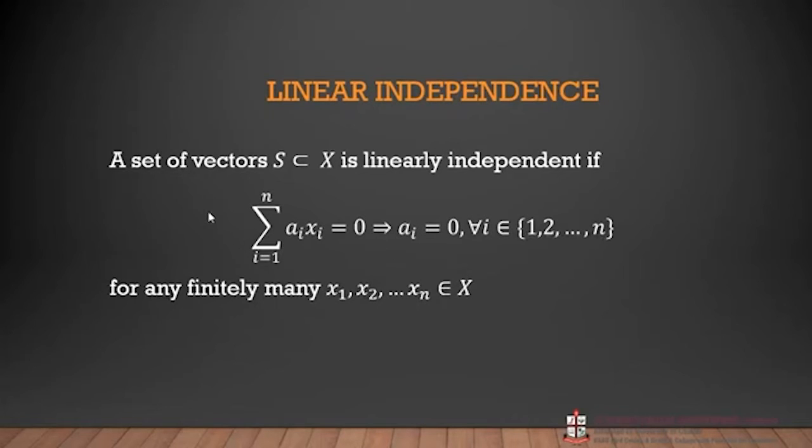That means this summation is known as a linear combination. So if you take any finite collection of vectors from S, take their arbitrary linear combination, if it is equal to 0, then every scalar present here should be equal to 0. This is meant by linear independence, or in other words we cannot write a vector of S as a linear combination of other vectors in S.